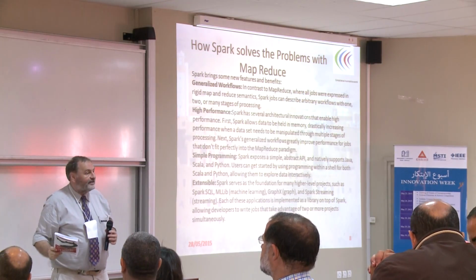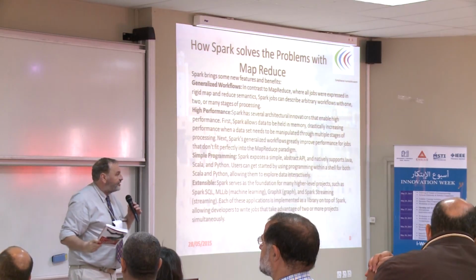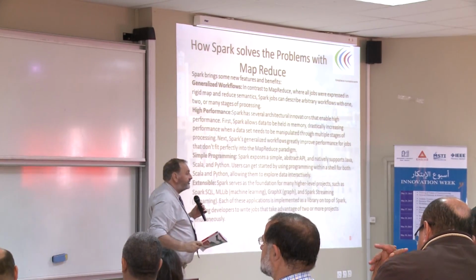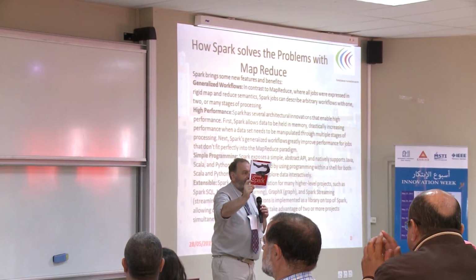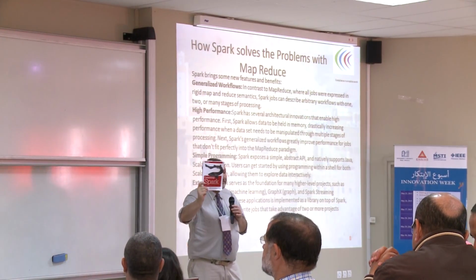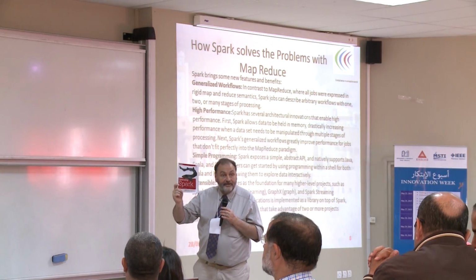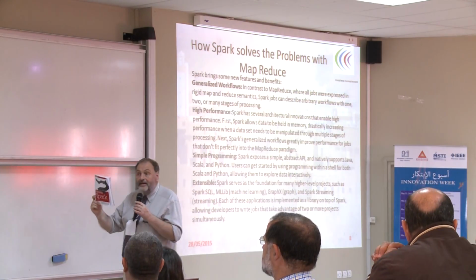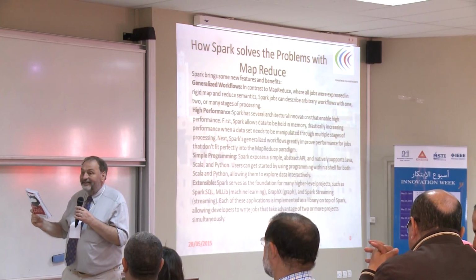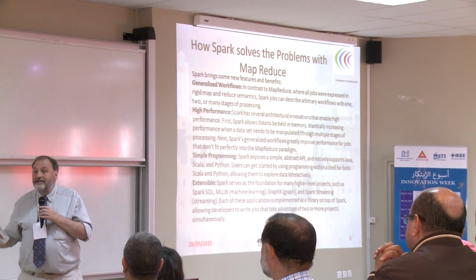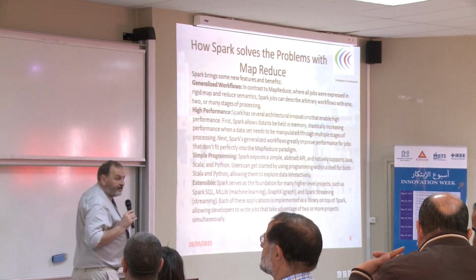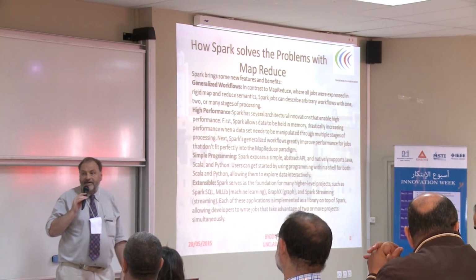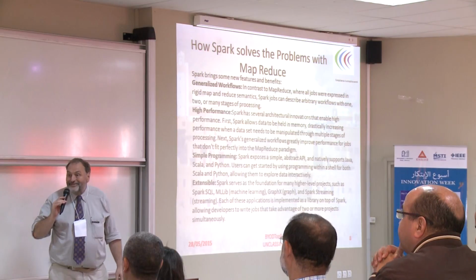Don't wait for somebody to stand up in front of a class and teach you how to do it with the students. Buy the book. Log on to the site online. You don't even have to wait for the paper book. If you take out a subscription to O'Reilly, you can read the whole thing online, or you can download it and print it out, and it's a lot cheaper. But Spark runs 100 times faster than the basic Hadoop.